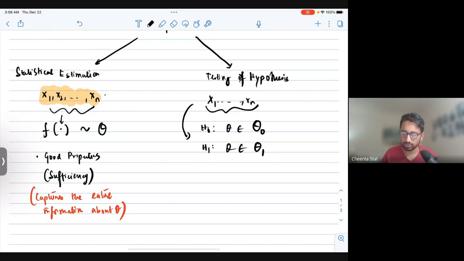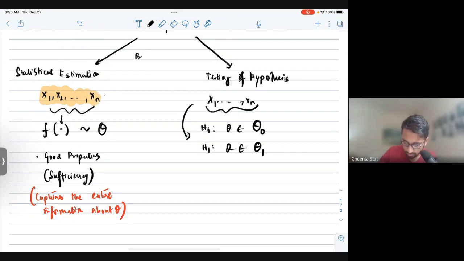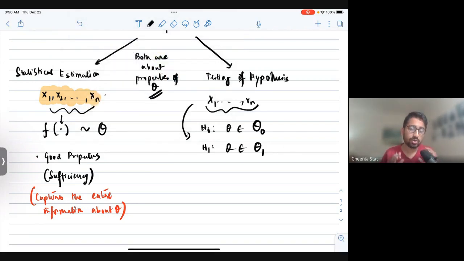It's a different question altogether. Both are about properties of theta. But the real question that testing asks is whether theta is this or that. So it's a decision making question.